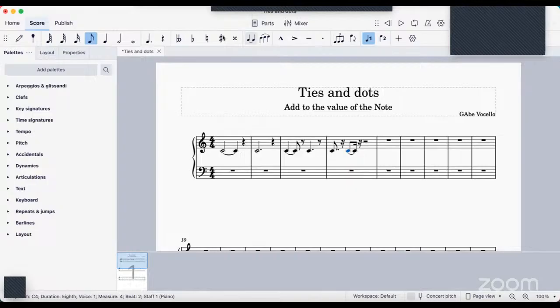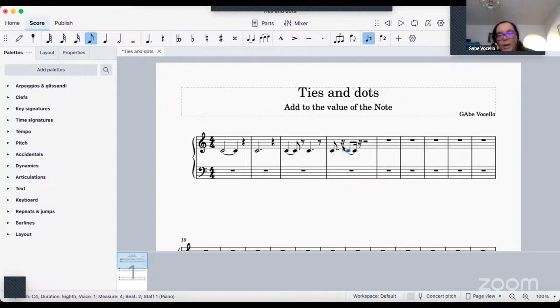So this tie here, this symbol here, is to add to the value of the note. So half of the half note is a quarter note. Half of the quarter note is an eighth note. Half of the eighth note is a 16th note.